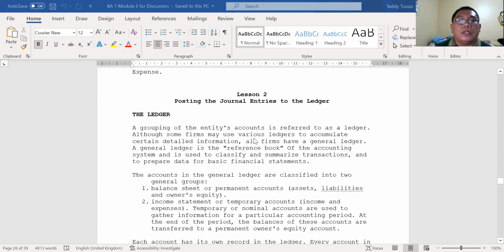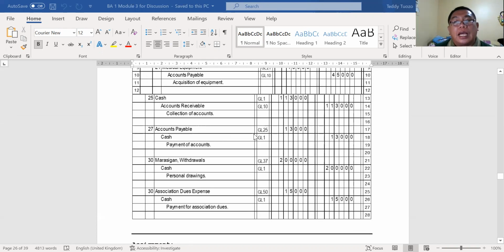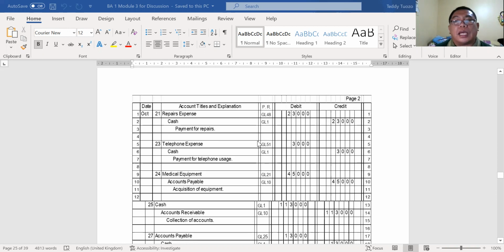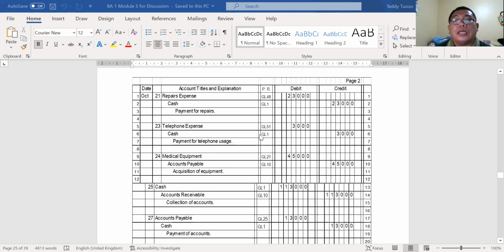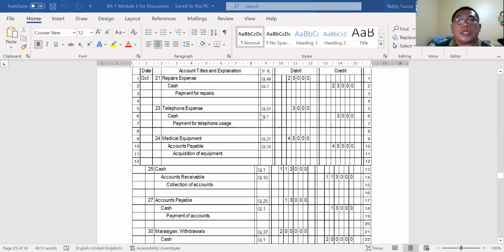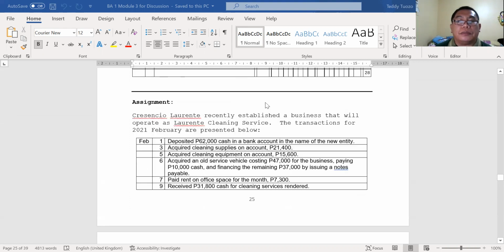Lesson number 2, the posting of the journal entries to the ledger. As I've said, diri kanina, no, sa inin ako taghatag sa agent na example, another example for the journal entries. Nandiyan ko yung posting reference. Now, how this is actually coming from the general ledger.